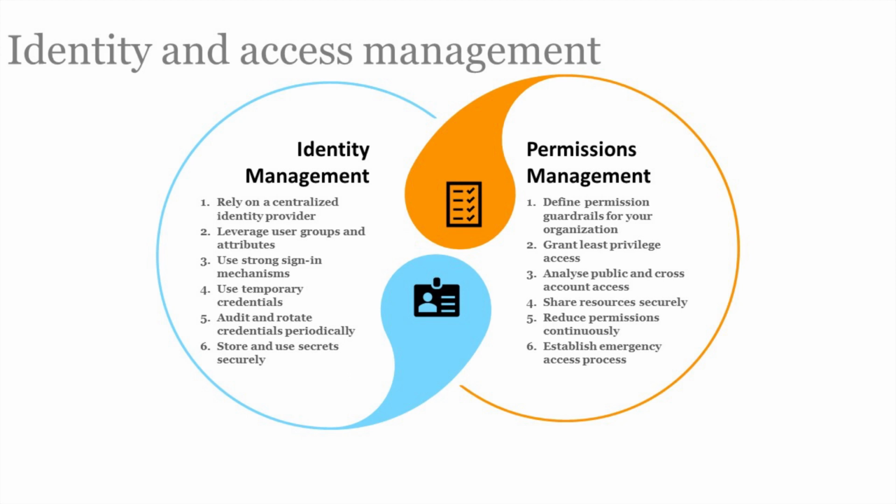1. Rely on a centralized identity provider. Imagine you have an employee who has different credentials when accessing different applications across your on-premises AWS services and your application environment. If the employee leaves the organization, it will become such a tedious task to revoke access from all the systems.